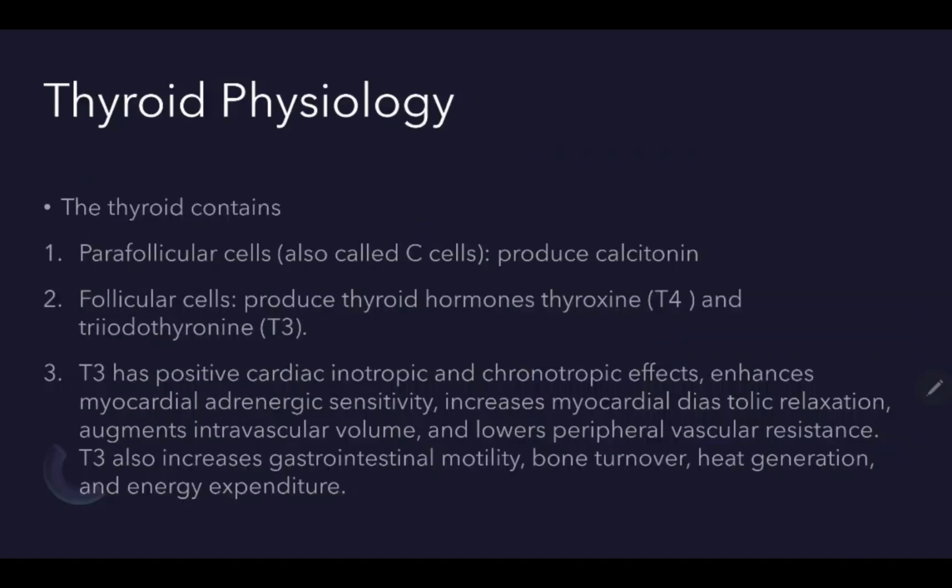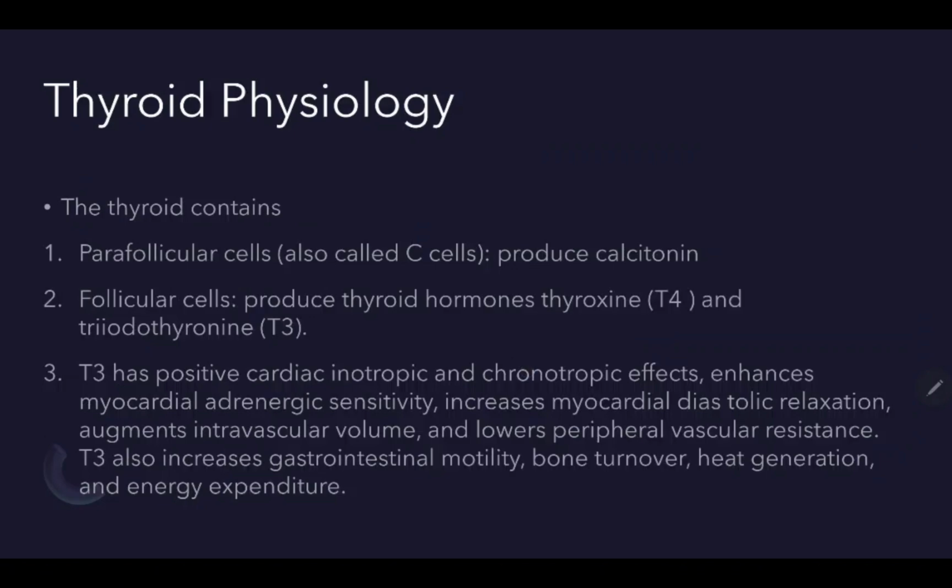And when we talk about the physiology, the thyroid has two types of cells, the follicular and the parafollicular. Parafollicular is not our topic today. It is the cells which secrete calcitonin. Our talk is about the follicular cells, okay, and they produce two types of hormones, T4 and T3.